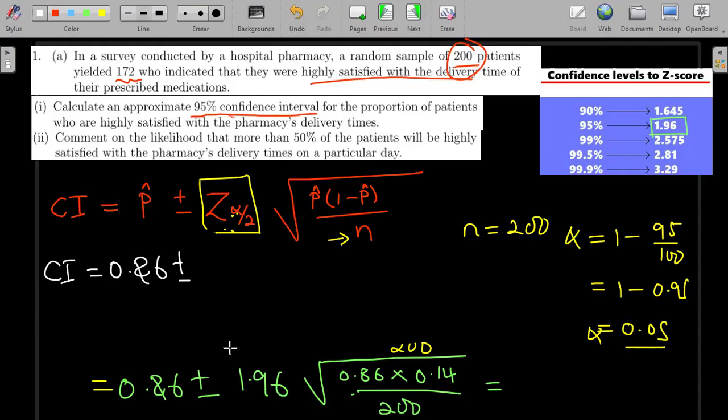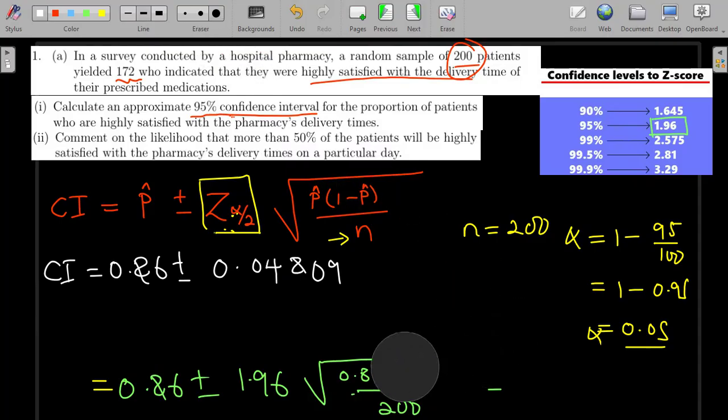When I do that, I get 0.04809. So that is what I get.